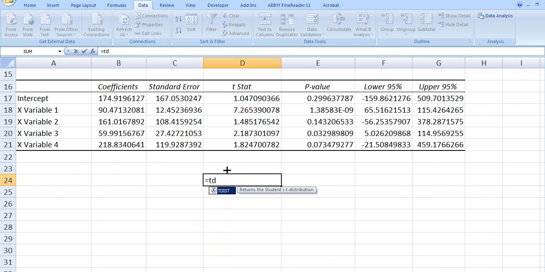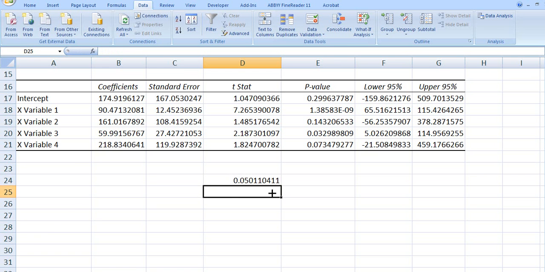The t distribution function returns the t distribution, and it takes the value of x, then the degrees of freedom, and whether it is a 2 tail or a 1 tail. If I want to find it with degrees of freedom for t as n minus 1, and I say 2 tail, it gives us a 0.50 value.